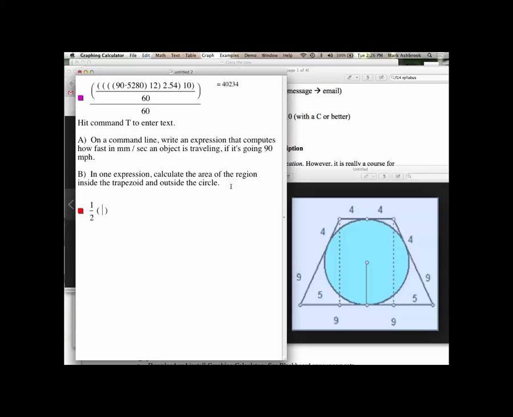Anyone got a square root on PC? I forgot what it was. Control Shift S maybe? No, that's summation. Yeah, it's Control Shift R. Control Shift R. Thank you.